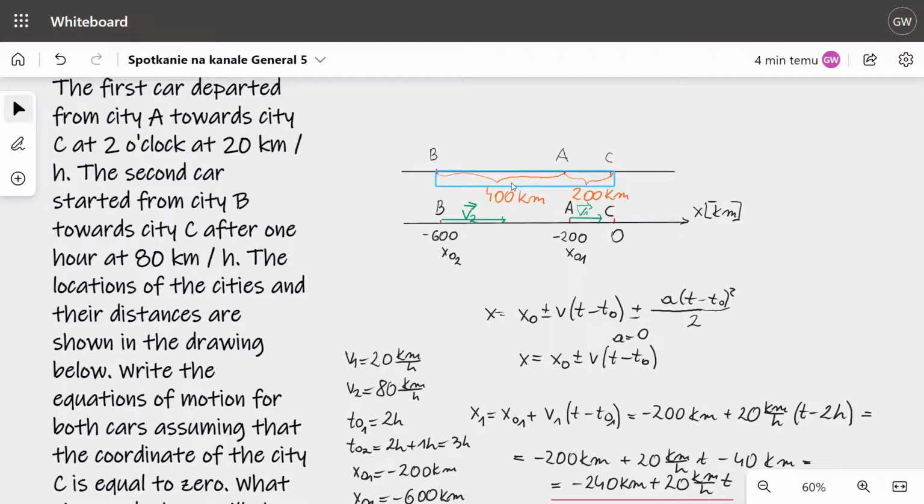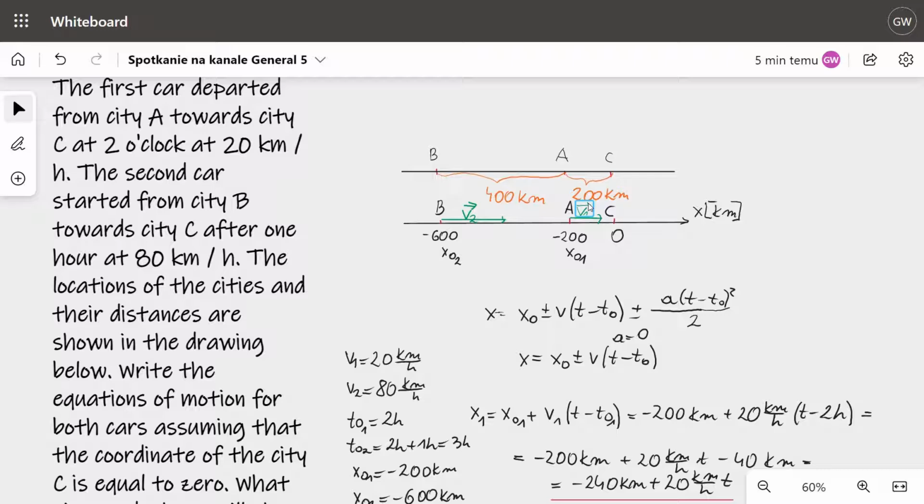Distance between cities A and B is equal to 400 kilometers. And distance between cities A and C is equal to 200 kilometers.